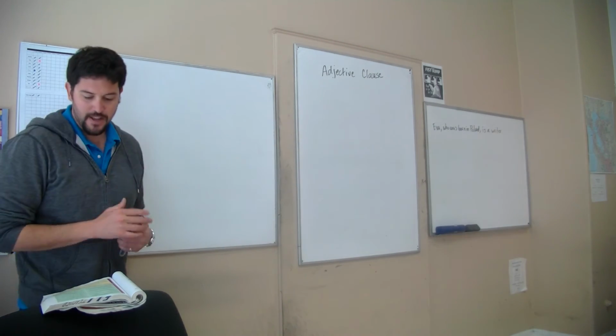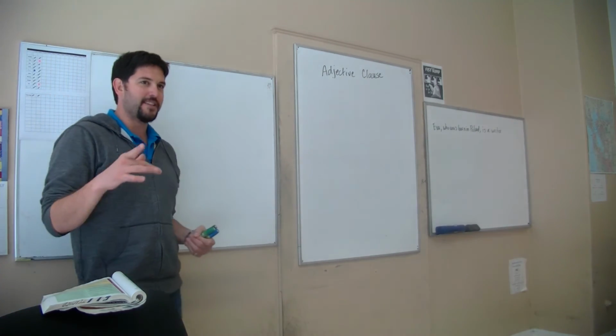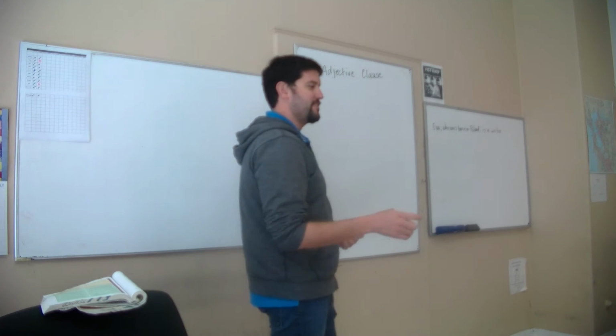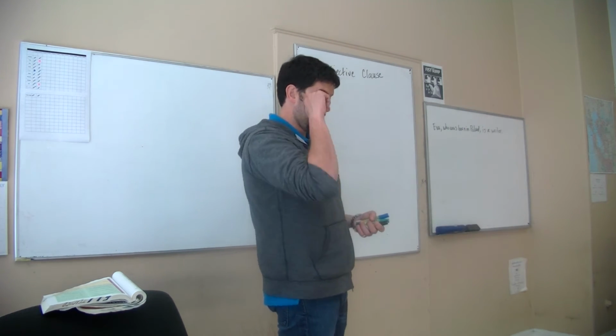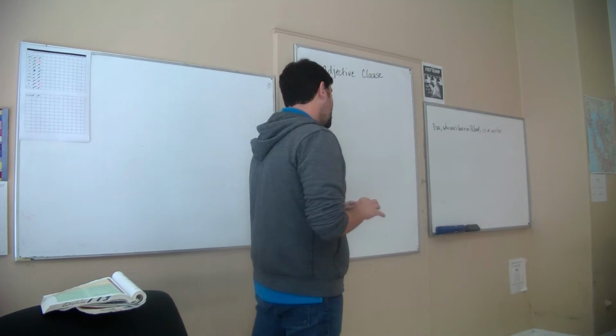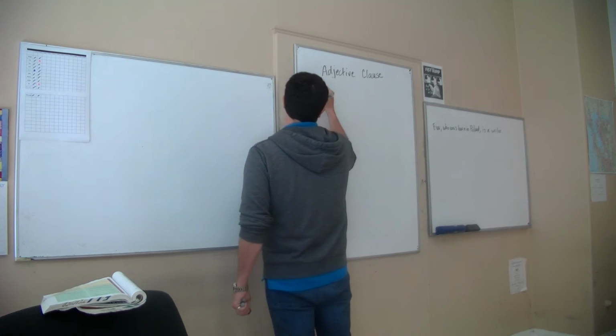Alright, so number 2. There are 2 kinds of adjective clauses. You guys remember? What are the 2 kinds? Identifying and non-identifying adjective clauses, okay?